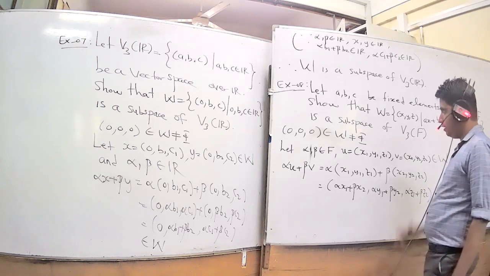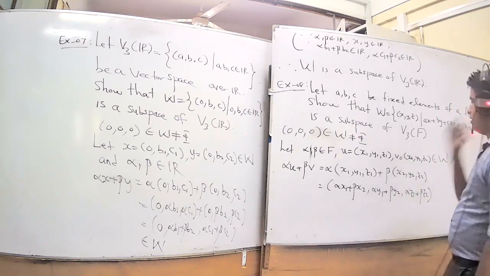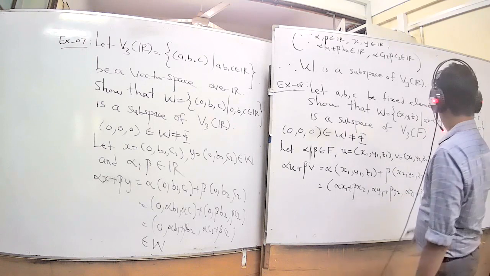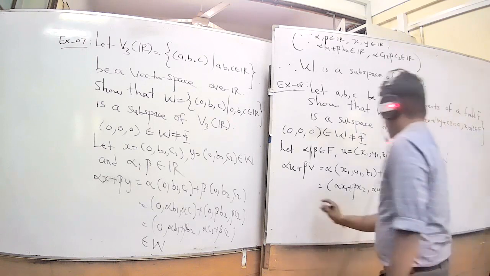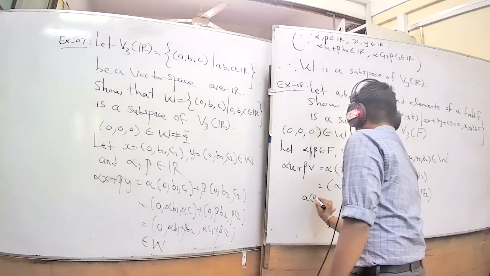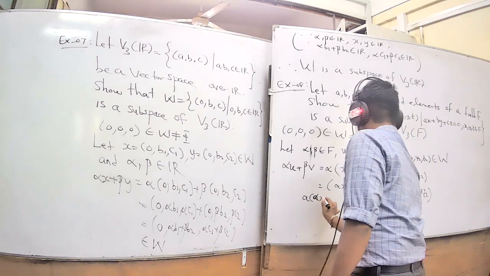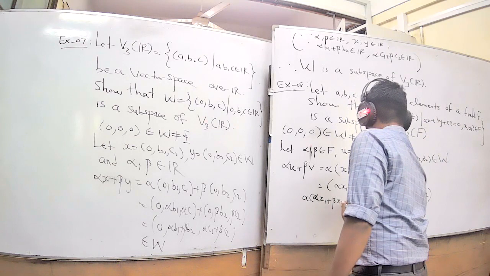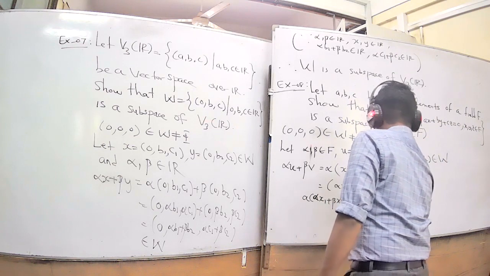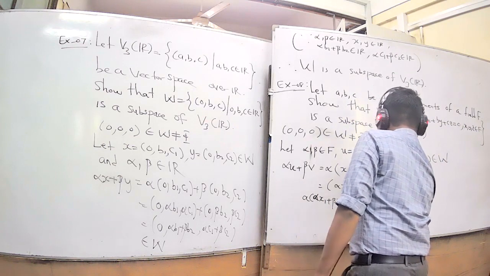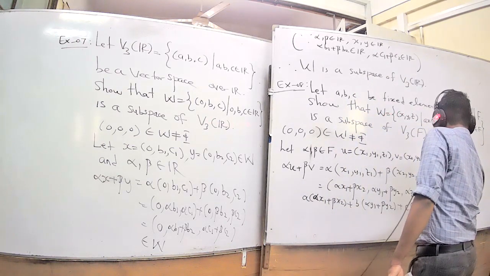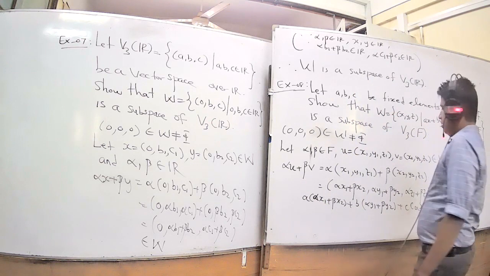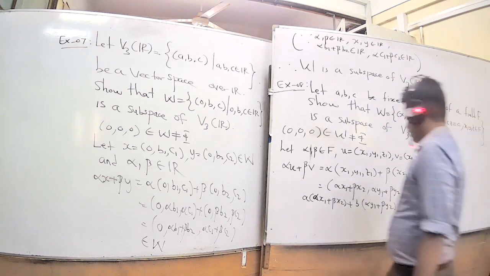Now you want to show that a times the first component plus b times the second plus c times the third equals 0. That is, a(alpha x1 + beta x2) + b(alpha y1 + beta y2) + c(alpha z1 + beta z2). Try to show this equals 0.